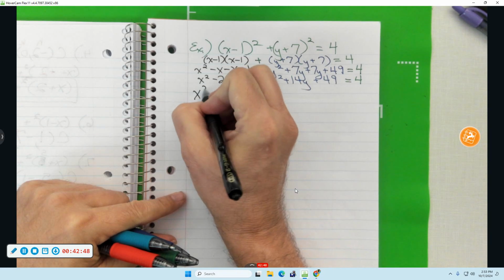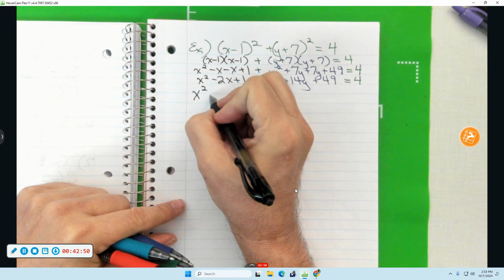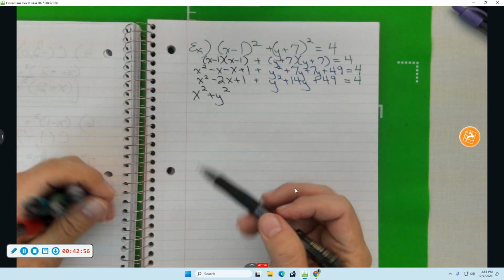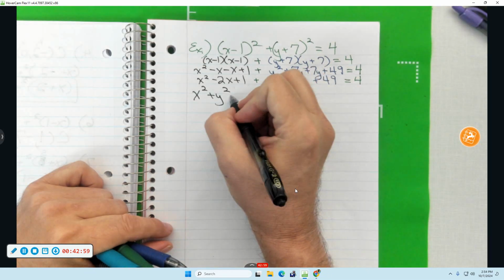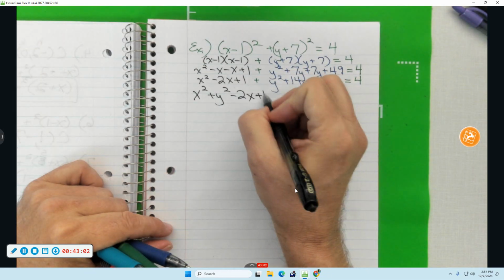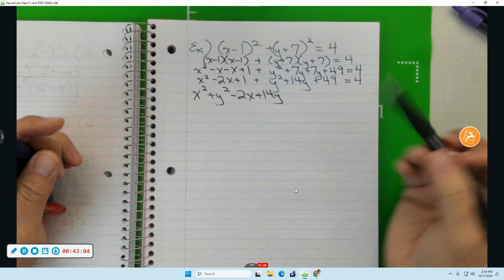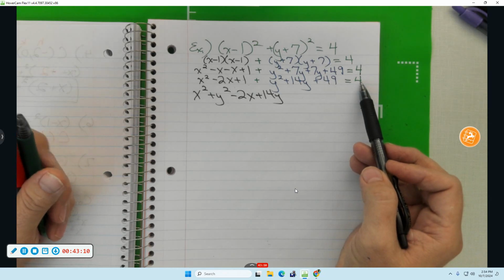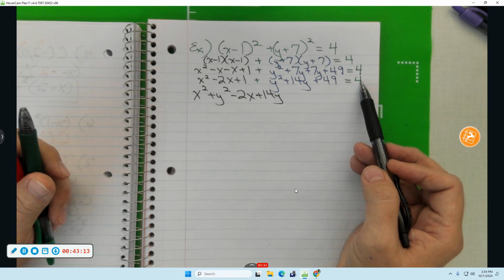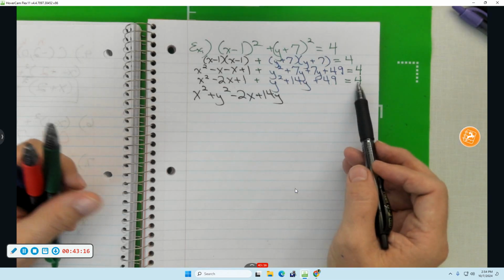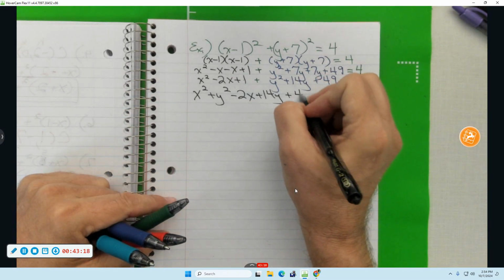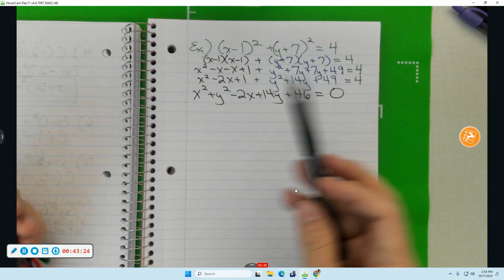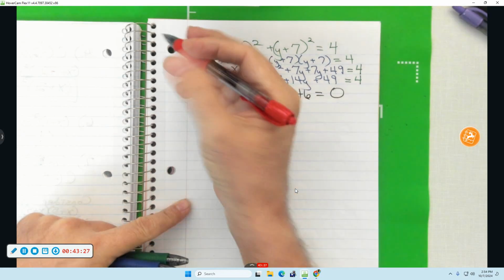We'll put the square terms first, x squared plus y squared, in alphabetical order, so x goes before y. Then the unsquared variables, we have a minus 2x and a plus 14y. We have a 1 plus a 49, that's 50, but we're going to have to move that 4 over. What are we going to do to move that 4 over? So we have a 50 minus 4, that's a plus 46, is equal to 0. This is the thing I call expanded or standard form. I usually say expanded.